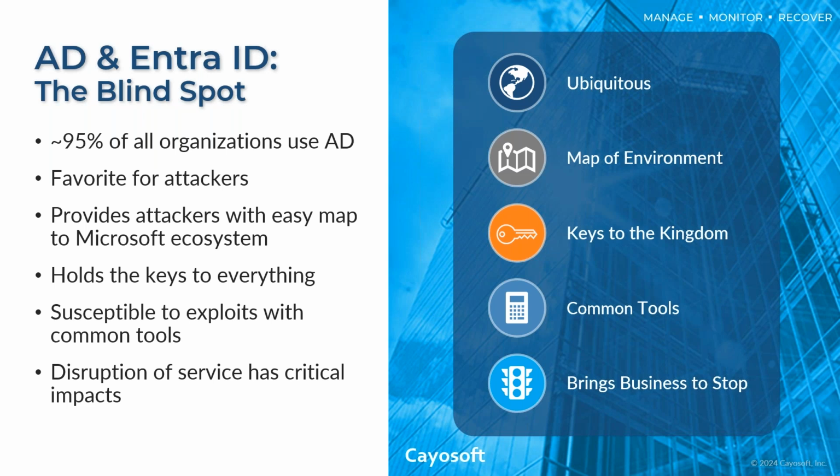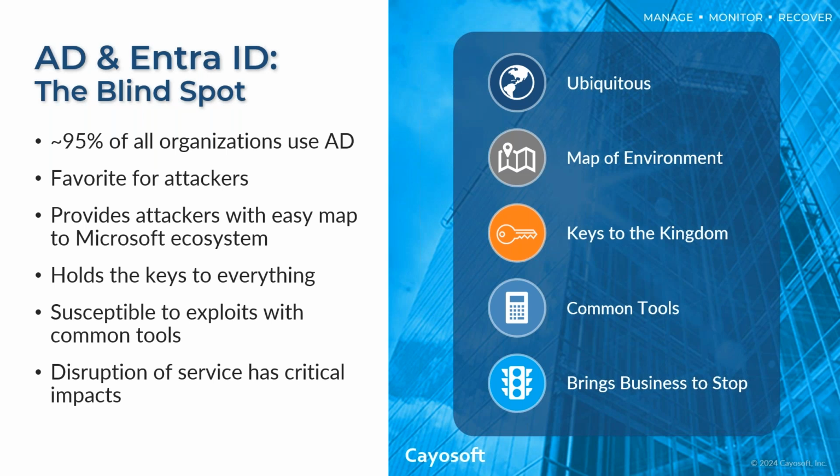As well as once an attacker's in, it provides the attacker an easy way to map your Windows ecosystem. And it holds the keys to everything: users, credentials, applications, access. And attackers have common tools that they can use to go after this valuable resource, which include things like Mimikatz, AD Explorer, PowerShell, O365 Creeper, Rubeus, just to name a few.